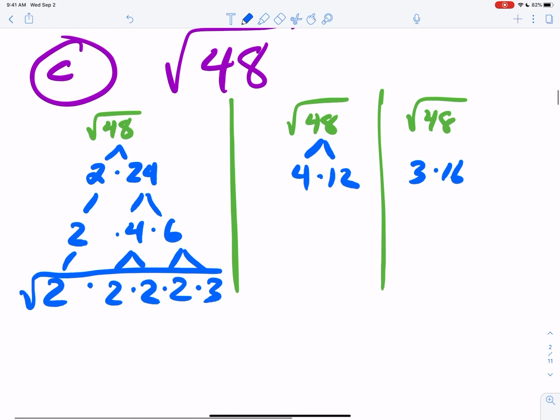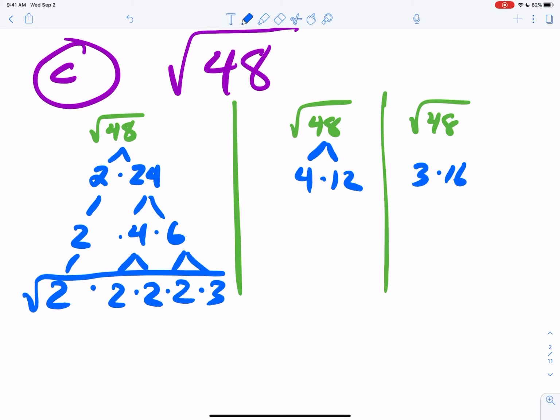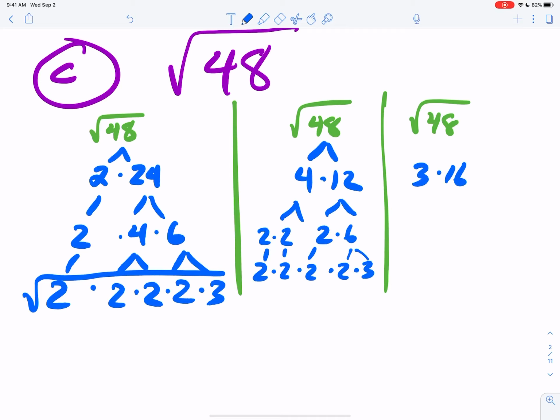Okay. Same thing here. This is just 2 times 2. That's just 2 times 6. And I draw arrows so that I don't neglect anything here. Okay. Notice how I still end up with 4 2's and a 3. All right.